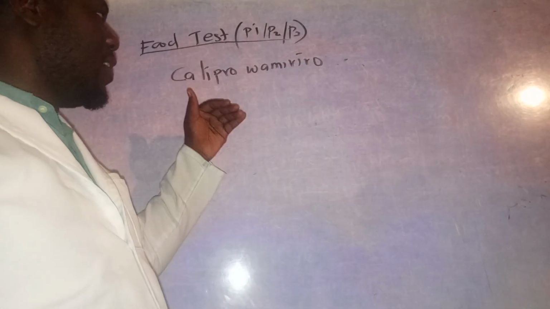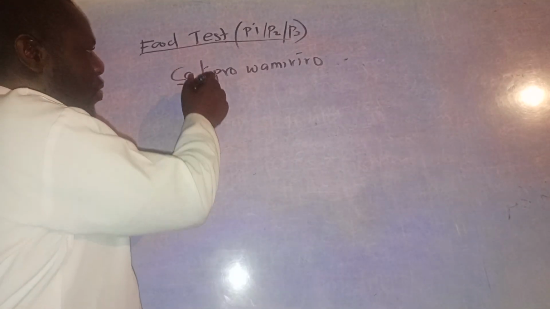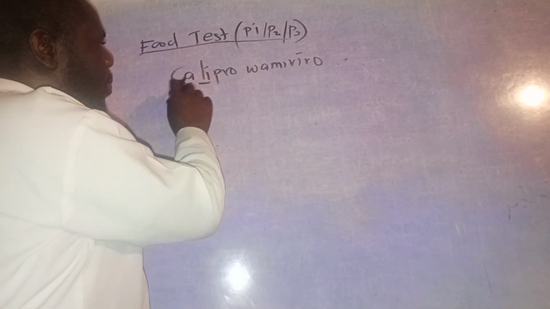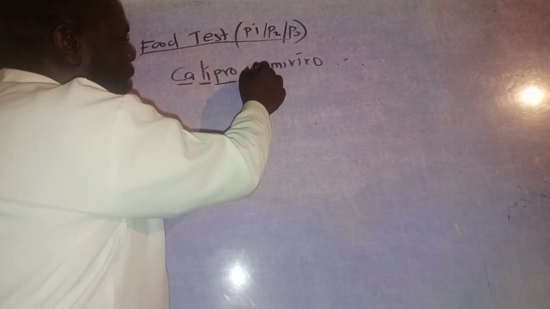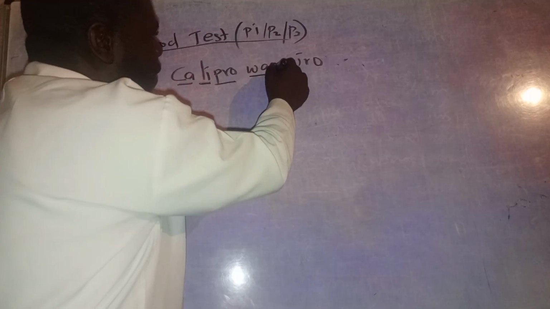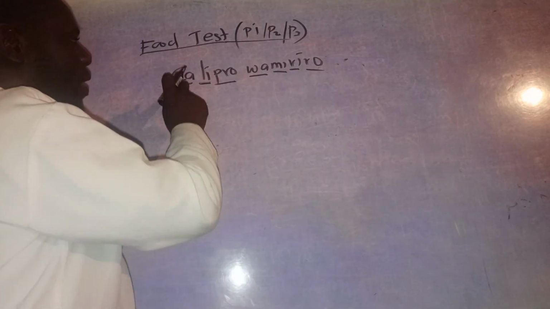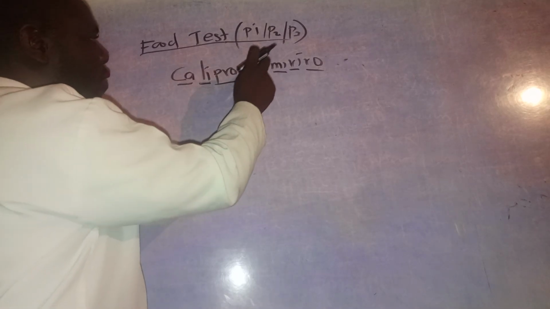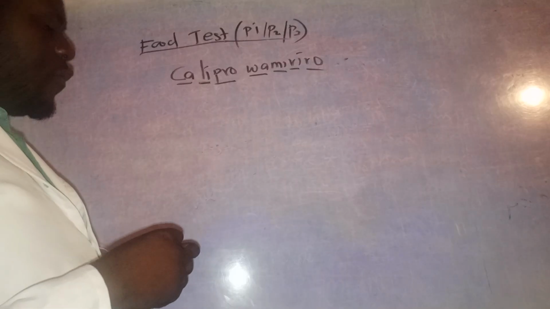So these are the seven classes of nutrients. How many are they? 1, 2, 3, 4, 5, 6, 7. So these are seven food nutrients.